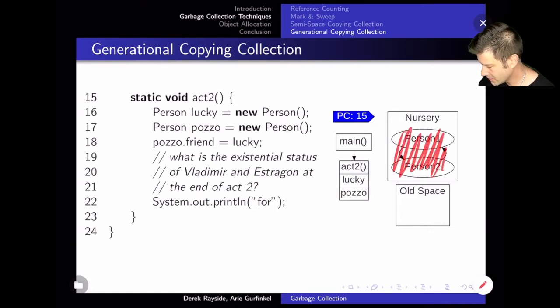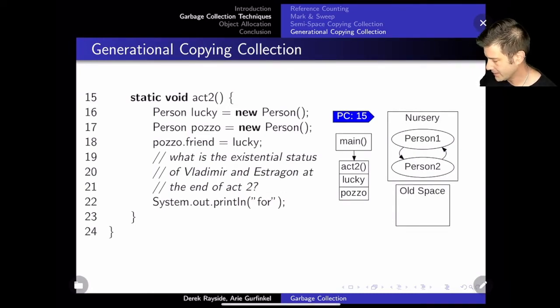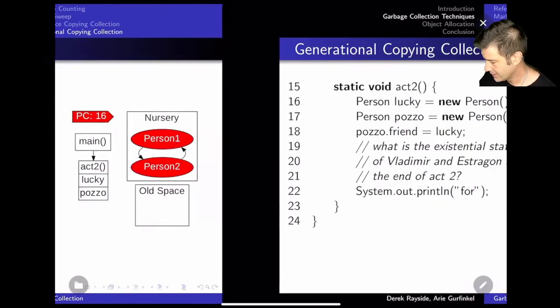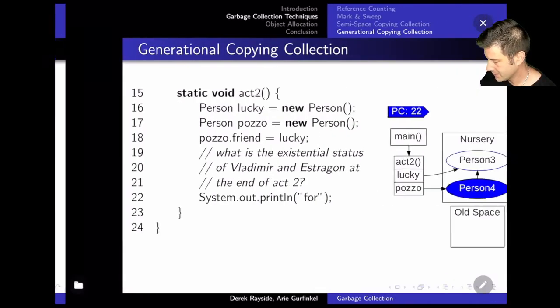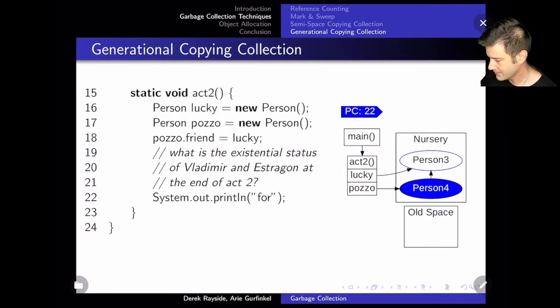We clean the nursery, and that simply means nothing, because there are no live objects in it, so we don't have to actually do anything. We just say, oh, the nursery is completely free, we can use it. And then we start allocating our objects. So now we allocate person 3 there, and we allocate person 4 here.